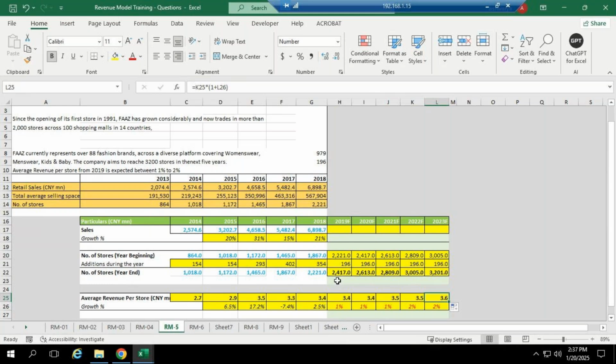So now you have to calculate the sales. So how to calculate the sales here?